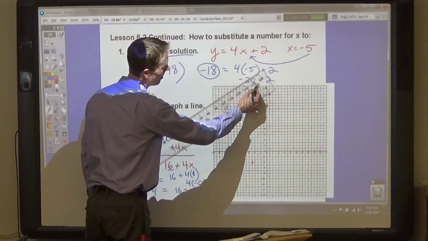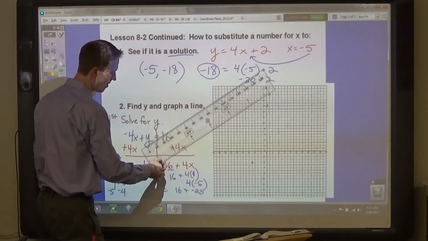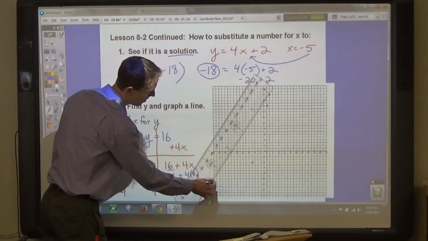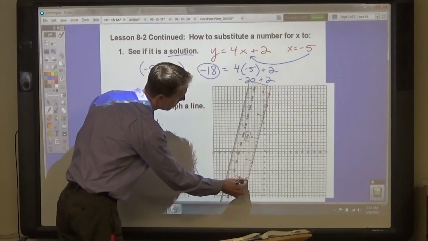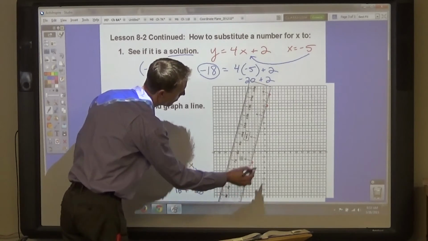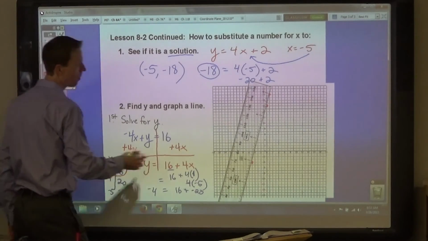Computer does not like to work. You need the bottom corner. The bottom edge. Right there. There we go. Yep, it's on the line. These points work, don't they? Close enough.